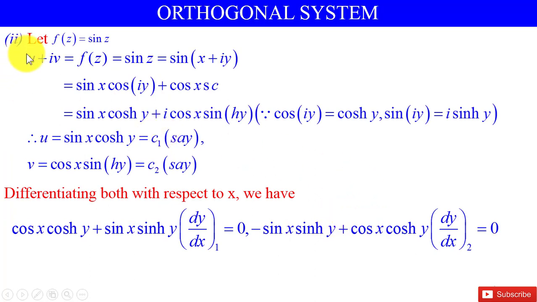Second part. Let f(z) = sin z. So u + iv = f(z) = sin z.